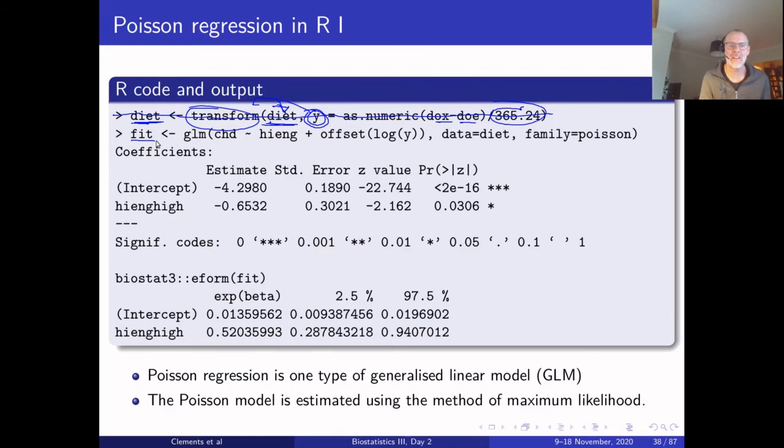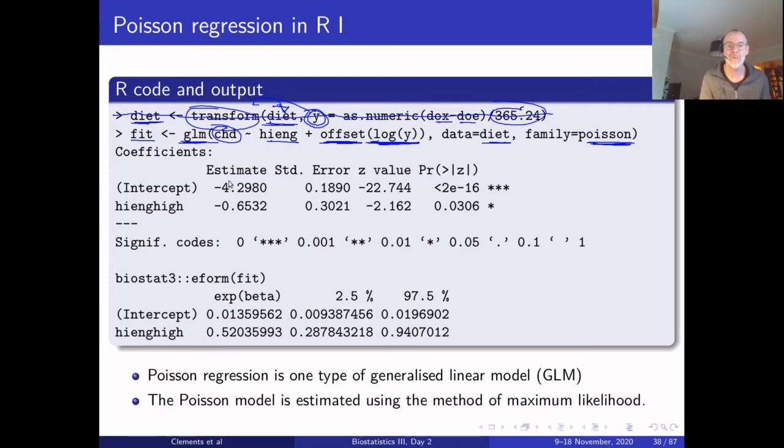Then we calculate a new object called fit, which is a generalized linear model, Poisson regression, using the data, where we use CHD as the outcome, adjust for high energy diet, and then we do an offset, which means it's a fixed value for the log of the person time.